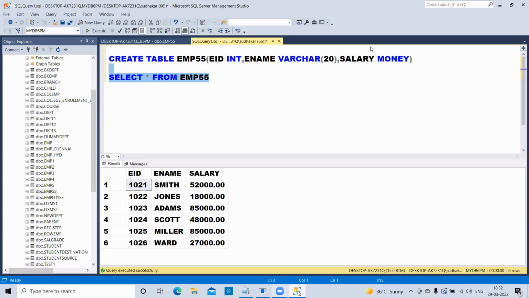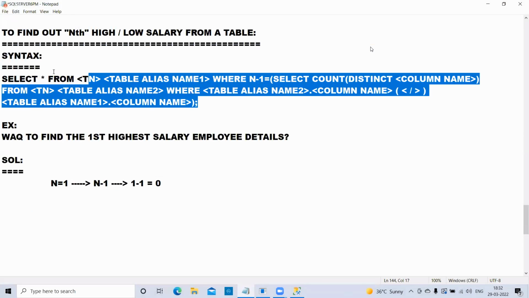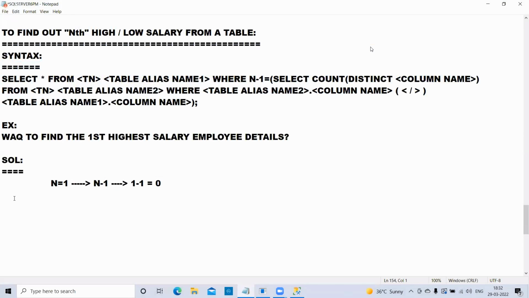Carefully observe and follow my syntax as it is. Select star from my table name. What is my table name here? EMP55 table. And on this table, I'm creating one alias, E1.